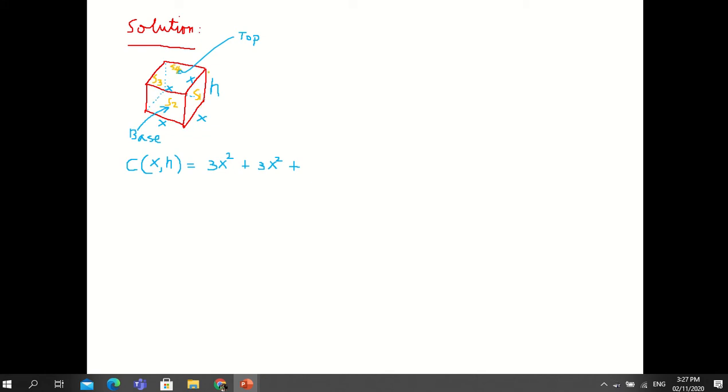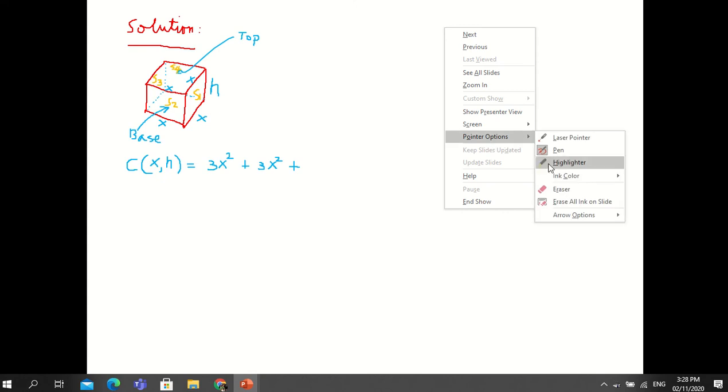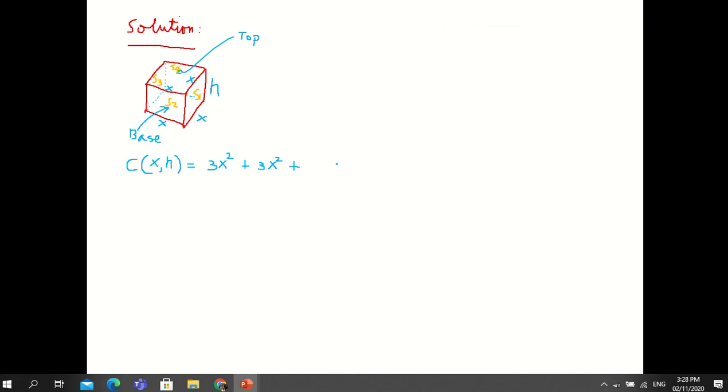So to find the area of this side, it is just the product of x and h. Therefore the area is x times h.